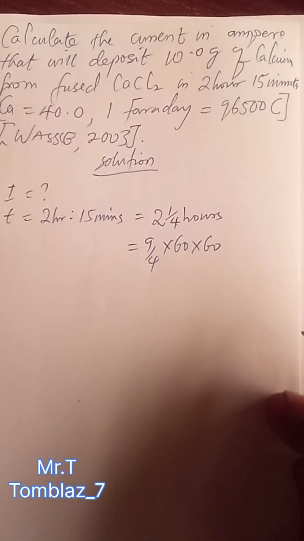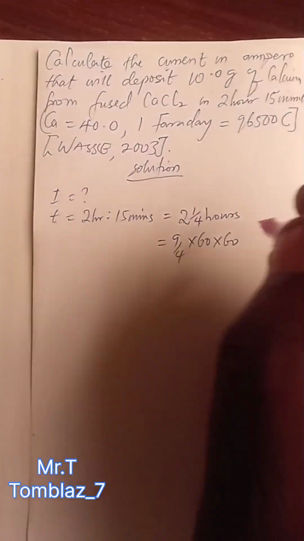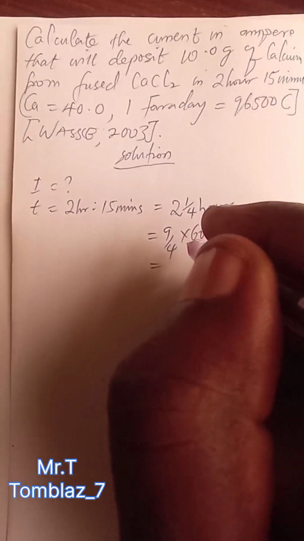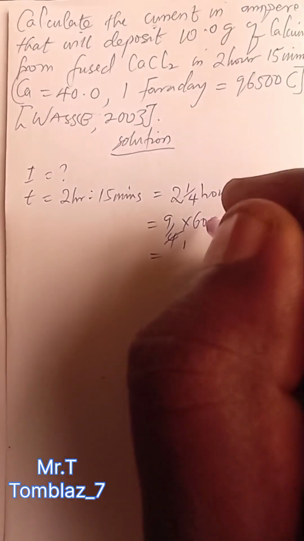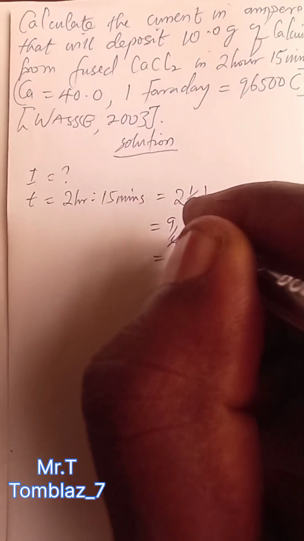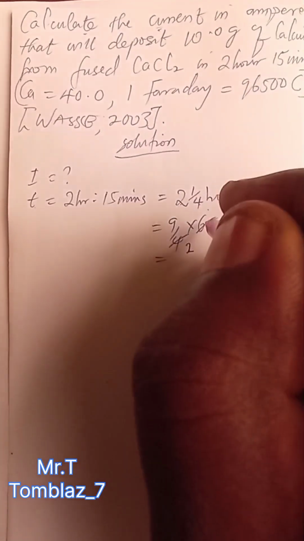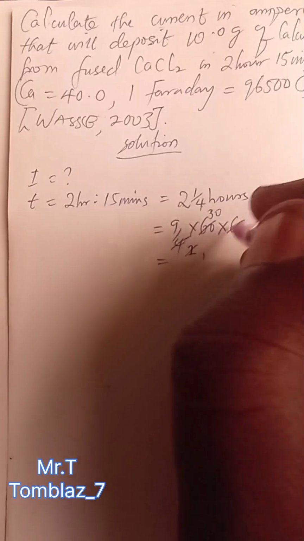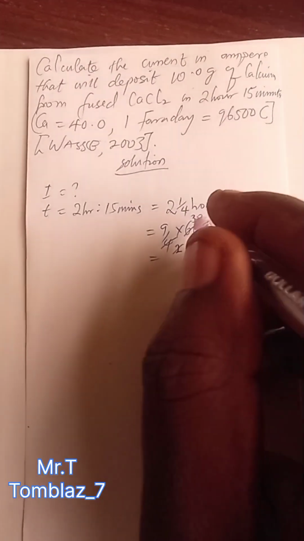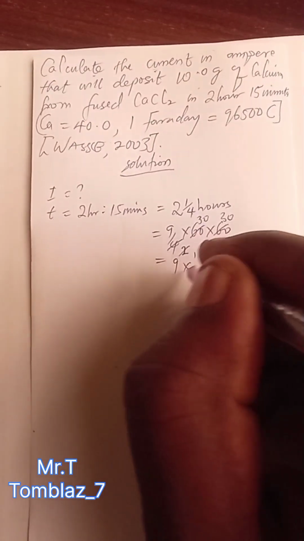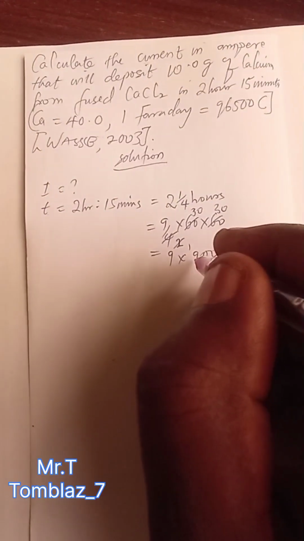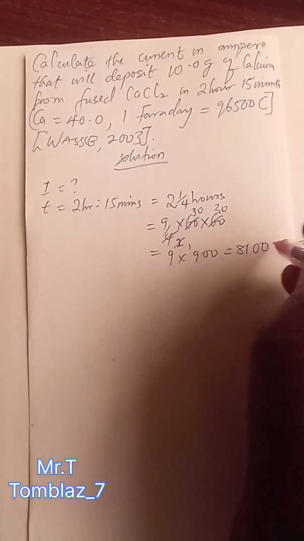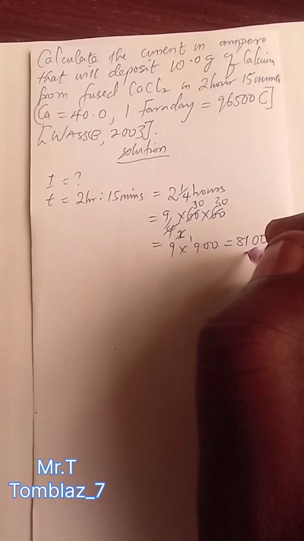Let me just break them into 2s. 4 here is 1, 2 here is 30, 2 here is 30. So we have 9 times 3 times 3 is 900, and 9 times 900 will give you 8100 seconds. So this is our time.